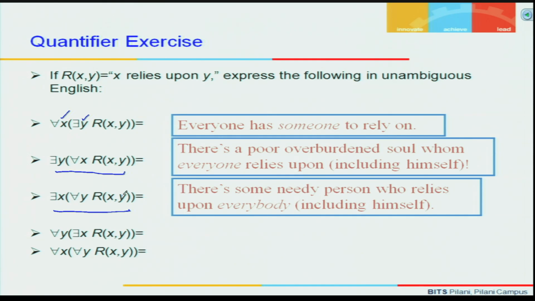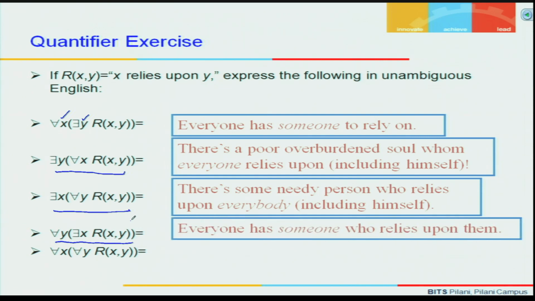What does this mean? For all y there exists x Rxy. It simply means everyone has someone who relies upon them. You take any person, he will be relied upon by some other person.